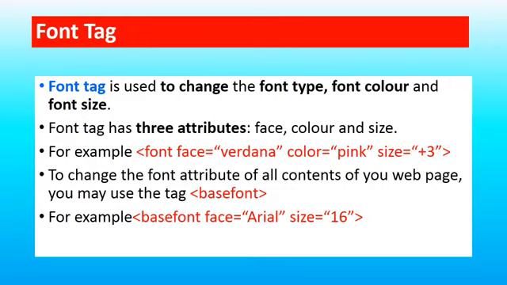It has got three attributes. First attribute is face. Through face you can select the font type, that is Times New Roman or Arial or whatever. Another attribute which could be used along with the font tag is color.